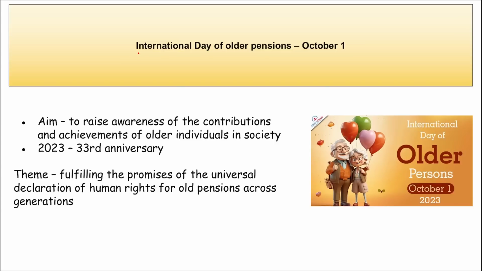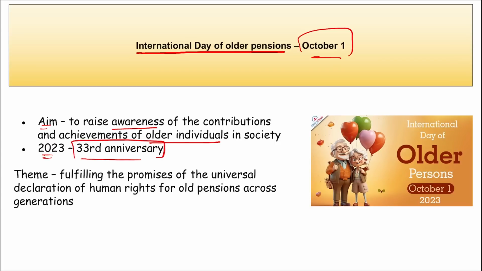Next is your International Day of Older Persons. This day is observed on 1st of October and the aim here is to raise awareness of the contributions and achievements of older individuals in society, right? And this year 2023 we observe the 33rd anniversary of the International Day of Older Persons. Correct? Then there is a theme that you need to remember.